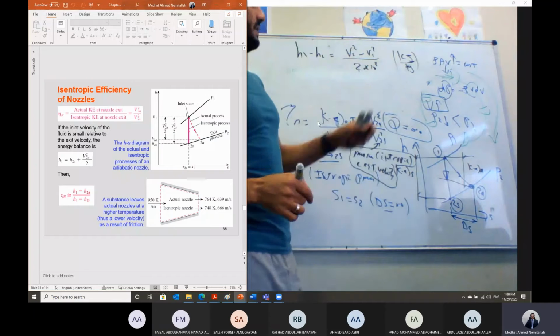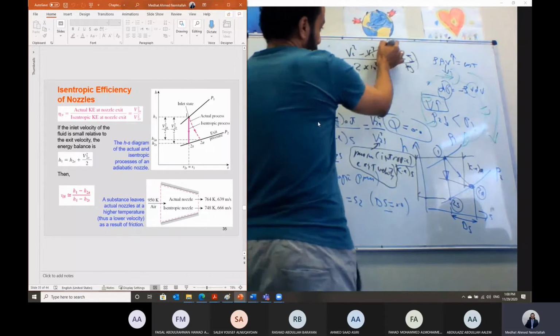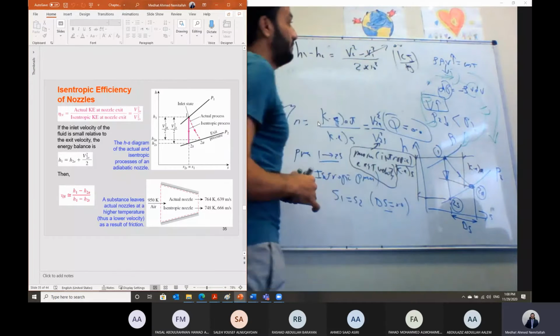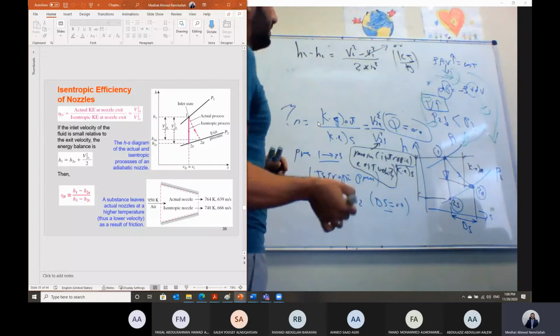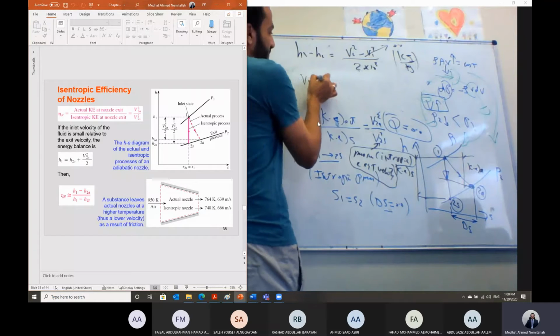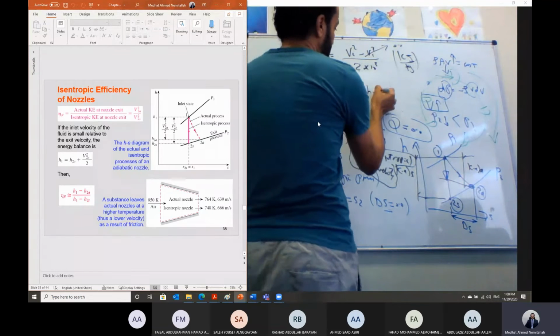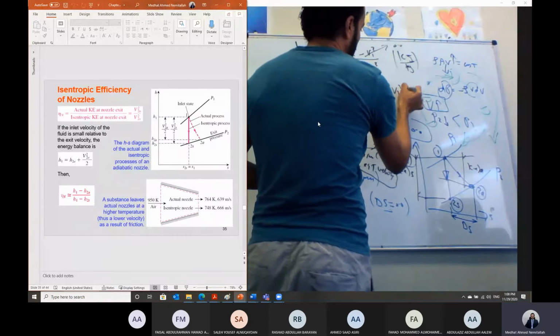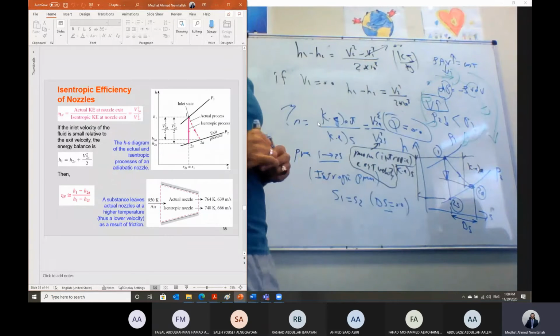In case of nozzle, the inlet velocity is much less than the exit velocity. So usually we neglect the inlet velocity in comparison to the exit velocity. Okay, and if V1 is neglected, that means H1 minus H2 should equal to V2 squared divided by 2, and don't forget to divide by 10 to the power 3.